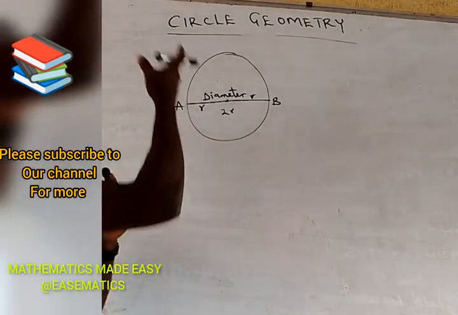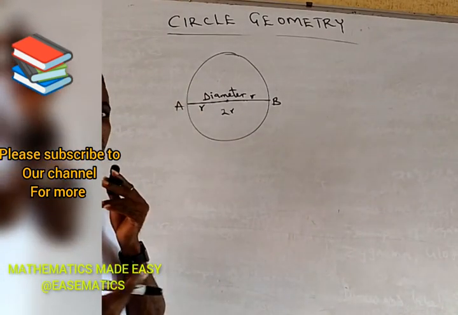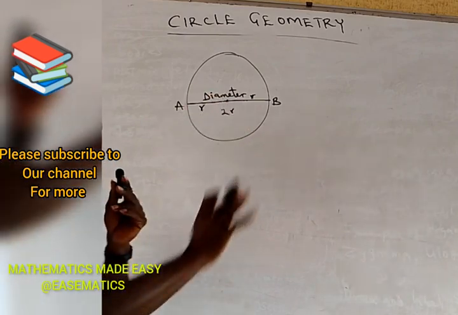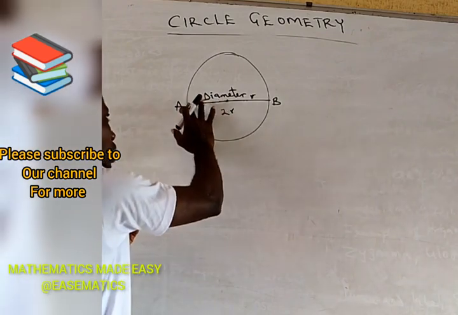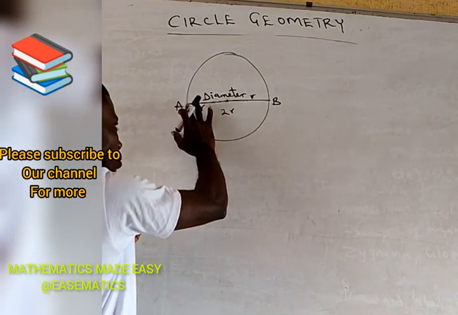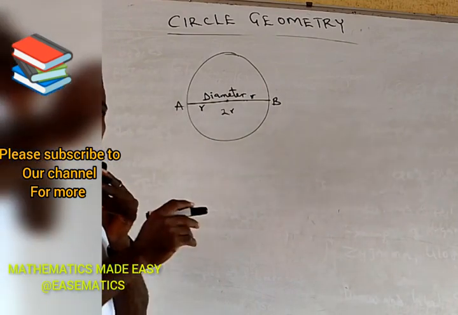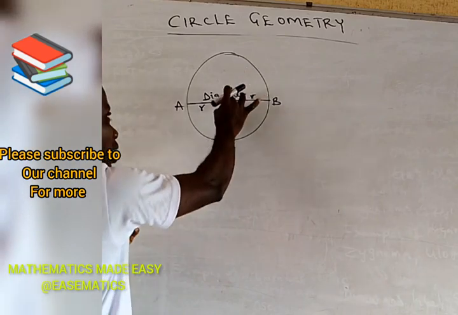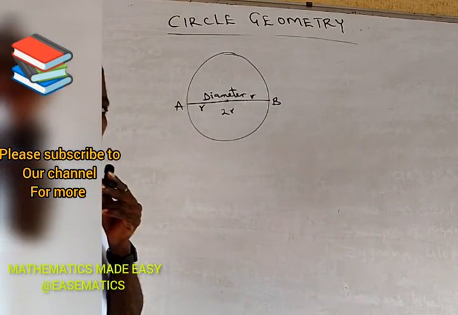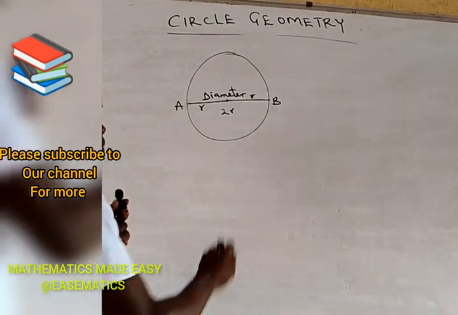When we talk about the formulas connected to a circle, we'll mention each of them one after another. But for now, the diameter is any line segment running from one end point of the circumference to another end point and passing across the center of the circle. That is what we call a diameter.